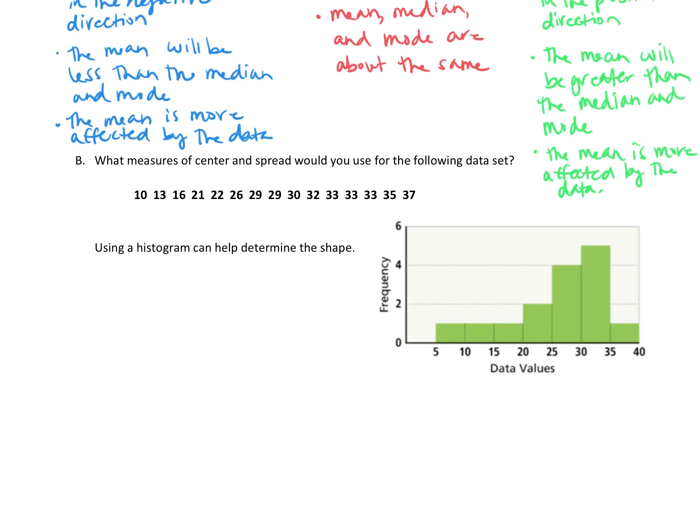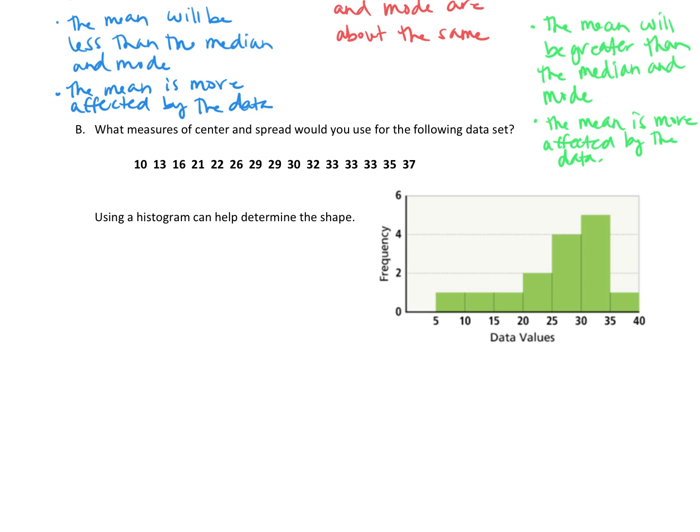Okay, so part B, what measures of center and spread would you use for the following data set? Here's our data set right here. Using a histogram is a really nice way to see the shape of your data distribution. What we notice in looking at the shape is it is skewed to the left.